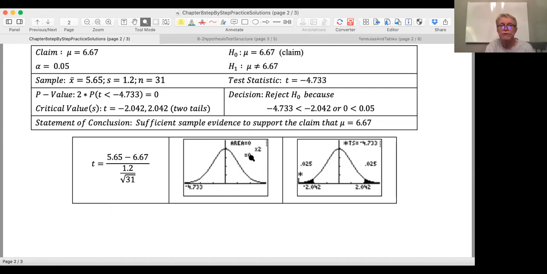And 2 times 0 is 0, okay? It's not really 0, but to 4 decimal places, it is, okay? Then we compare the p-value, which is 0, to alpha, and it certainly is less than or equal to 0.05, which means that our test statistic value is unlikely.